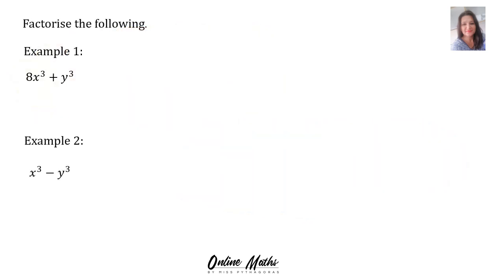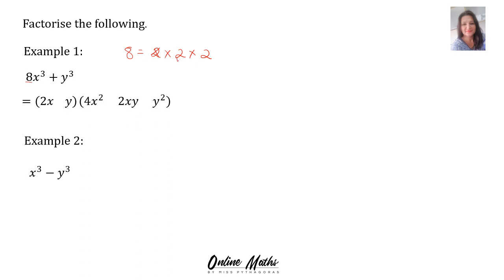Factorize example 1. First of all, you can see that it is the sum of two cubes. My advice to you, since there is an 8, is that 8 is the same as 2 times 2 times 2. So when you factorize, you make a small bracket and you put one of the 2's there, an x and a y. Then you make a big bracket with whatever is left.